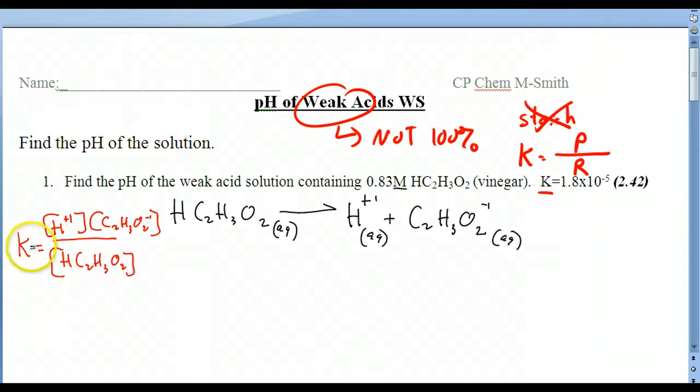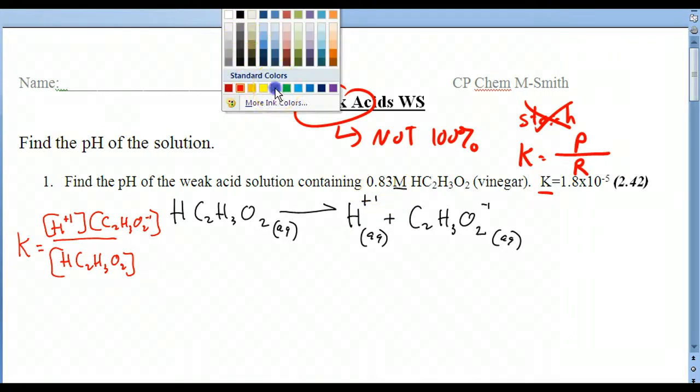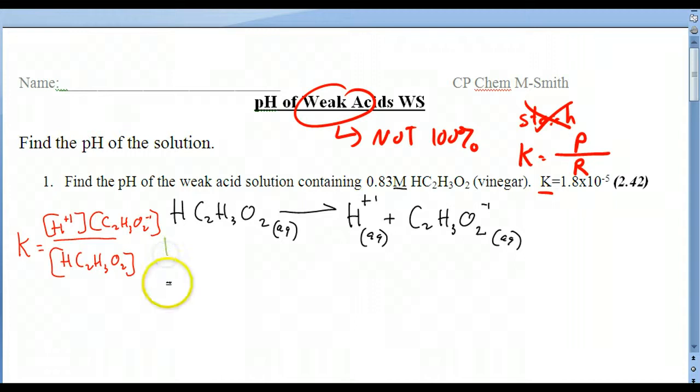Now, this equation, K equals products over reactants, demands equilibrium concentrations. What we have here with a 0.83 is the initial concentration. And so we need to set up an ICE chart so we can convert initial conditions into the equilibrium conditions.